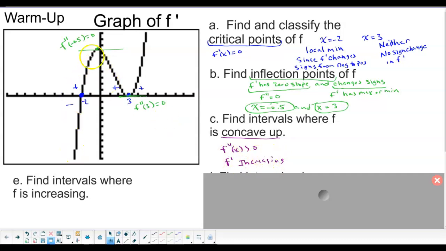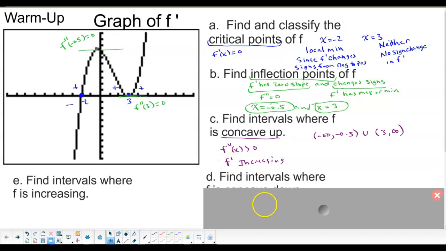So I'm looking for positive slopes on this graph. Notice positive slopes going all the way up to this maximum. And then I have positive slopes from the minimum on. So we're going to say the interval from -infinity to -0.5 and from 3 to infinity. Right? That's where f prime is increasing.